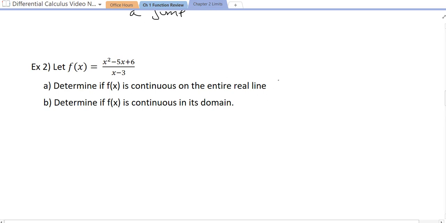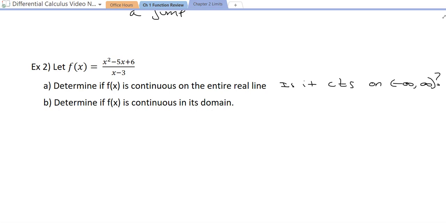On the entire real line means we're looking for, is it continuous, this is my abbreviation for continuous, CTS, on minus infinity to infinity, right? Is it continuous in its domain? If it's asking you is it continuous in its domain, what do you need to find? Find the domain.